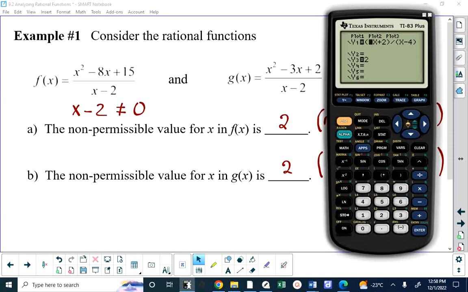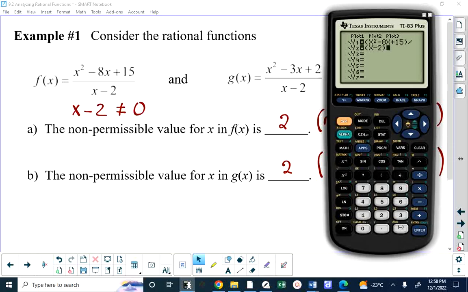If I don't, then I won't be dividing the entire quadratic by the entire linear. So it's x squared minus 8 times x plus 15, close the brackets on that, and then I divide by, in brackets, x minus 2.